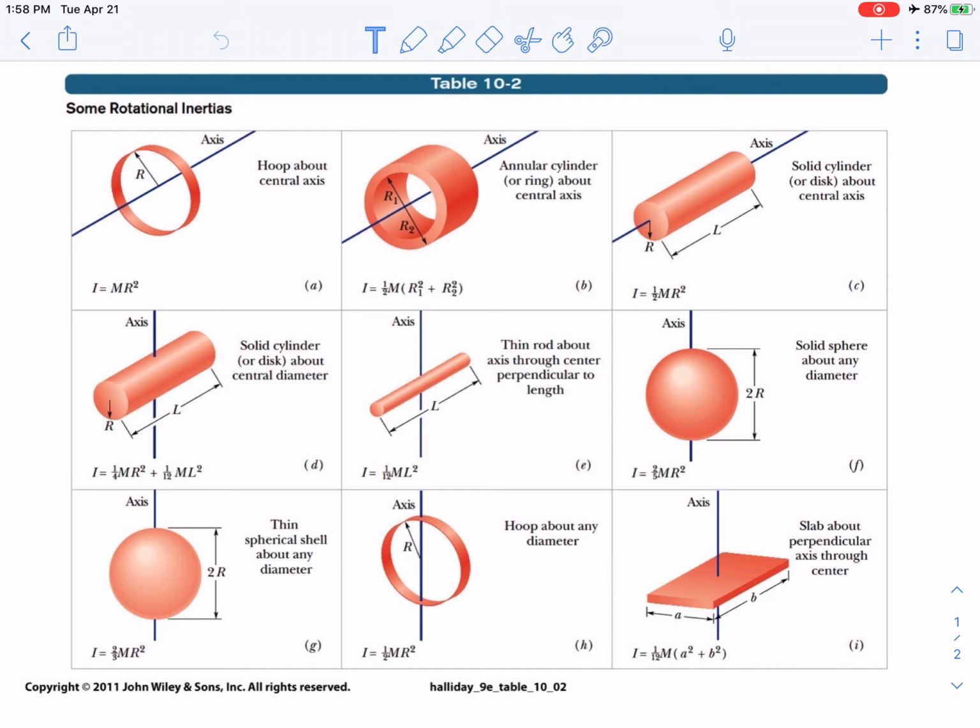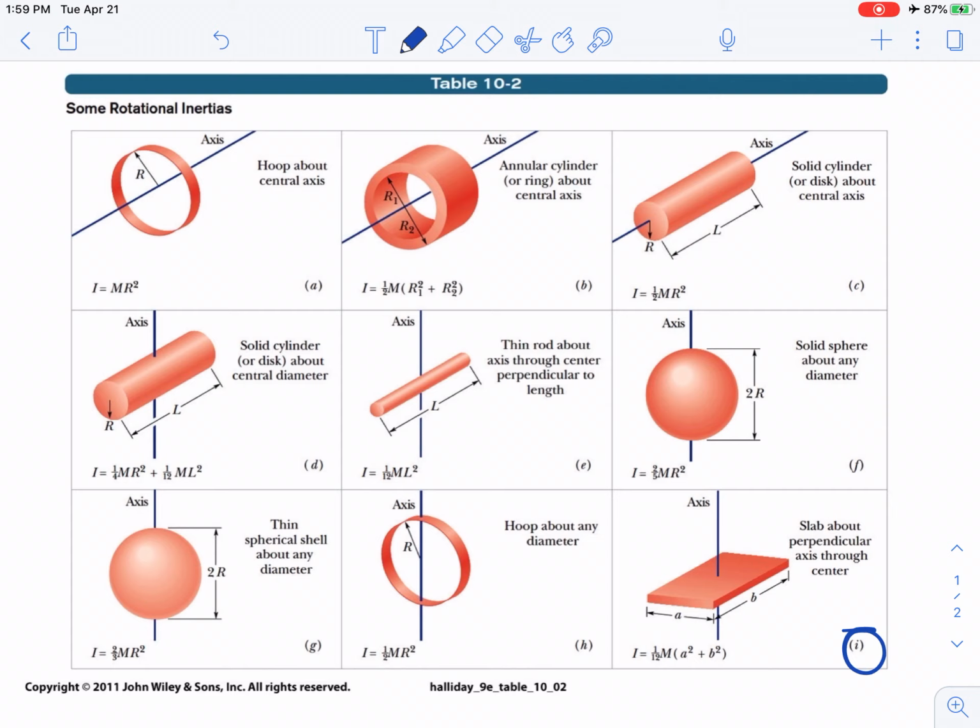So I'm not asking you to memorize any of those equations on table 10.2. I just want you to be able to handpick which one you start with if you are applying parallel axis theorem, or maybe not, but I want you to handpick the one that you need. So which case is our example problem that we're doing in class now? Since we have a perpendicular one, it's going to be the one right here, the last one.